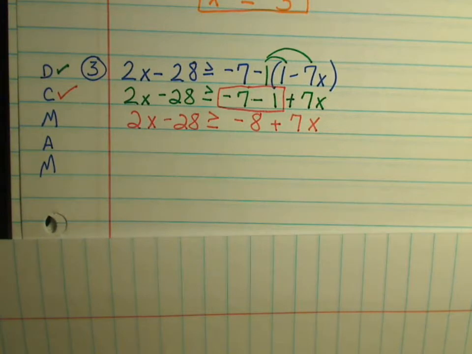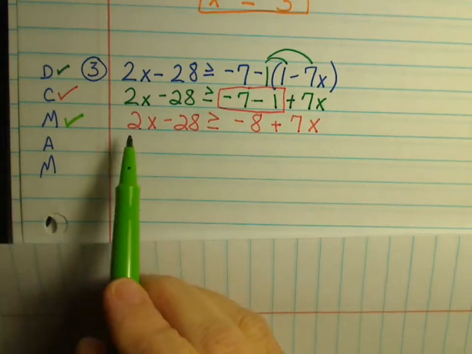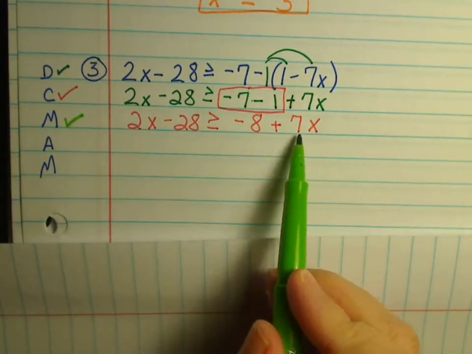All right, now we're going to move to the next step. And the following step says we're going to move all variables to this same side. I personally like to move the smaller variable, but you don't have to. So 2x is smaller than 7x.